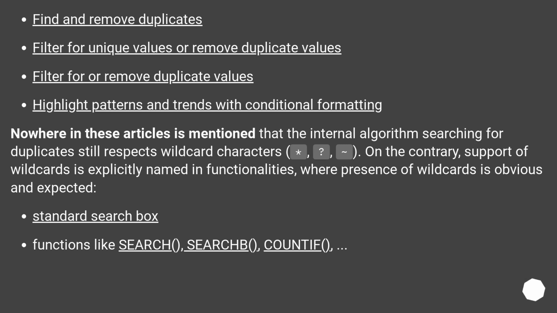Nowhere in these articles is it mentioned that the internal algorithm searching for duplicates still respects wildcard characters, the question mark. On the contrary, support of wildcards is explicitly named in functionalities where the presence of wildcards is obvious and expected. Standard search box. Functions like SEARCH, COUNTIF.